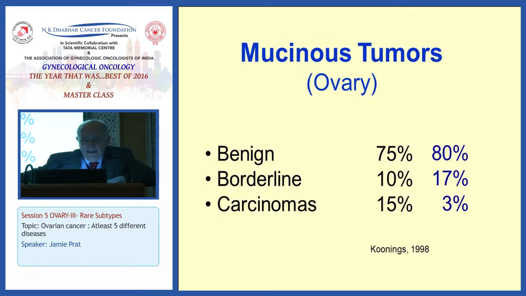So I will end by saying that ovarian carcinomas are at least 5 different diseases. And by far, the most common is high-grade serous carcinoma.